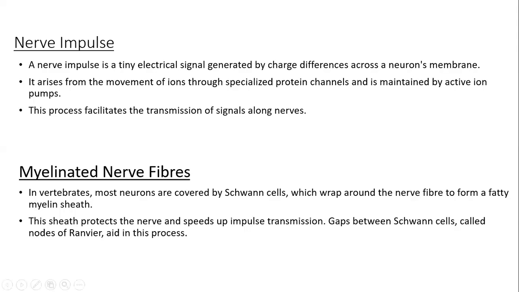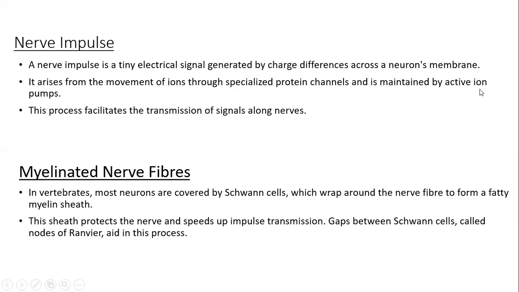So how is this electrical charge created? It is mainly across the neuron's membrane. So it is allowing this communication between the neurons and also neurons, muscles, and the glands as well. It arises from the movement of the ions through specialized protein channels and is maintained by active ion pumps.